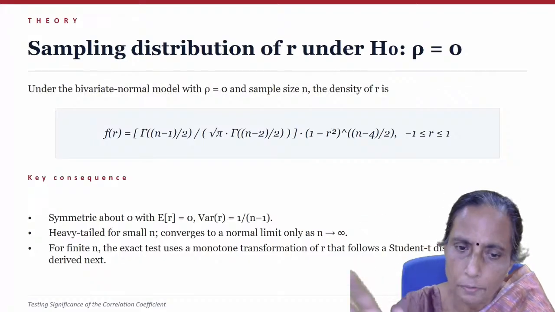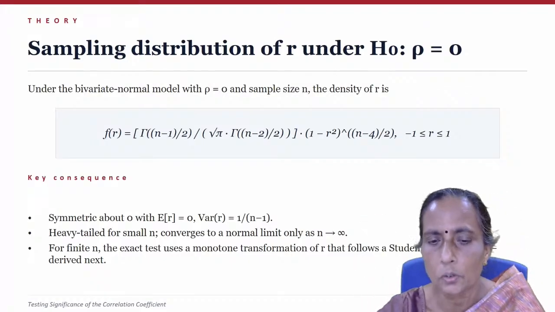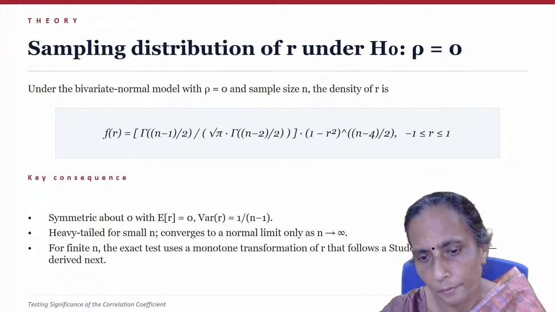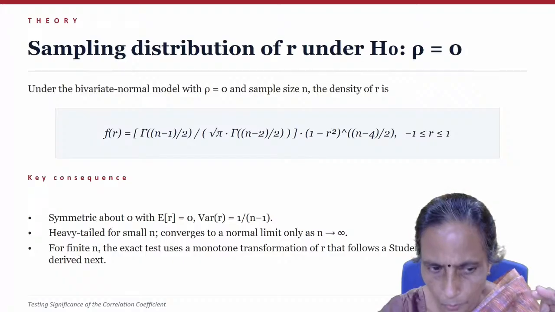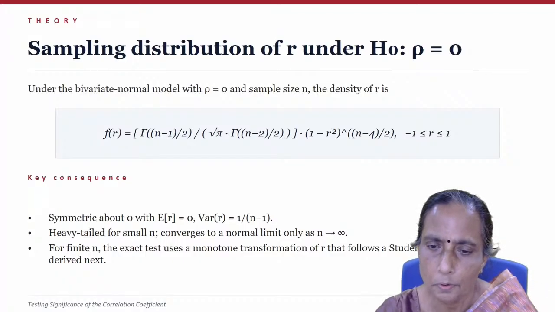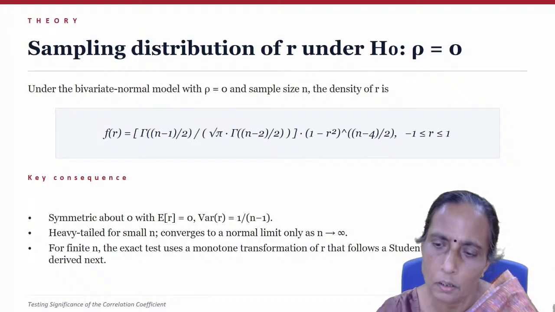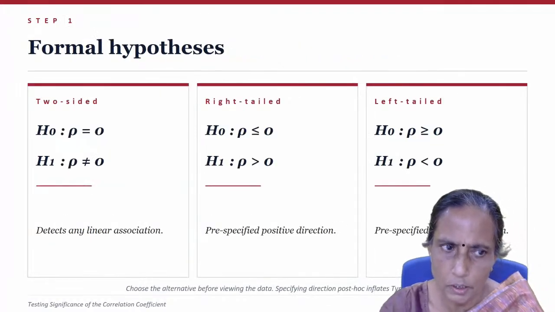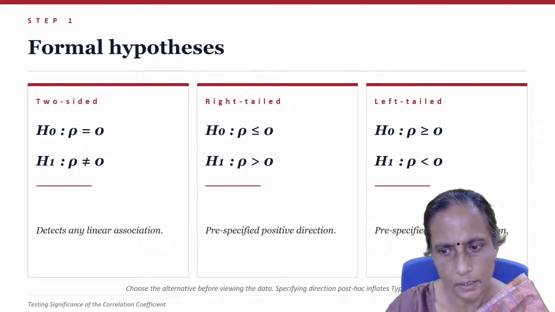It has heavy tails for small n and converges to normal as n tends to infinity. So for finite n, the exact test uses a monotone transformation of R that follows the Student t distribution, which is derived next.